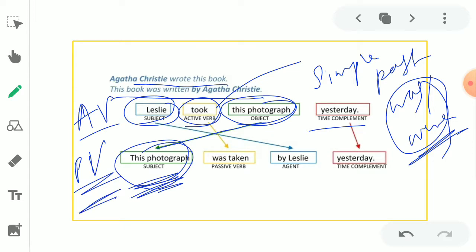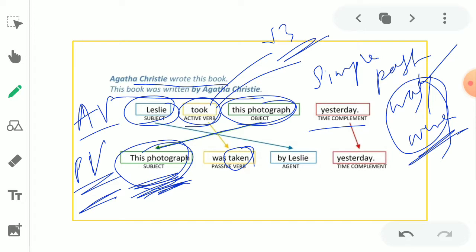Keep in mind, this photograph is singular. So we have to recognize whether it is singular or plural. On this basis, we select whether was or were is suitable. Here was is selected because of the singular form. Was taken. So took, its V3 form is taken.